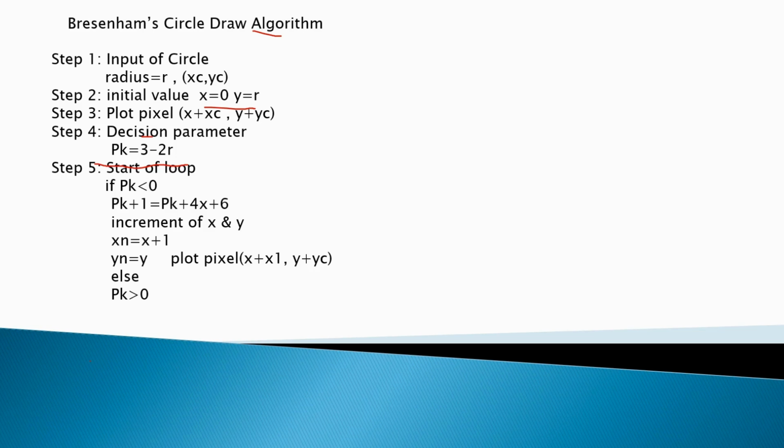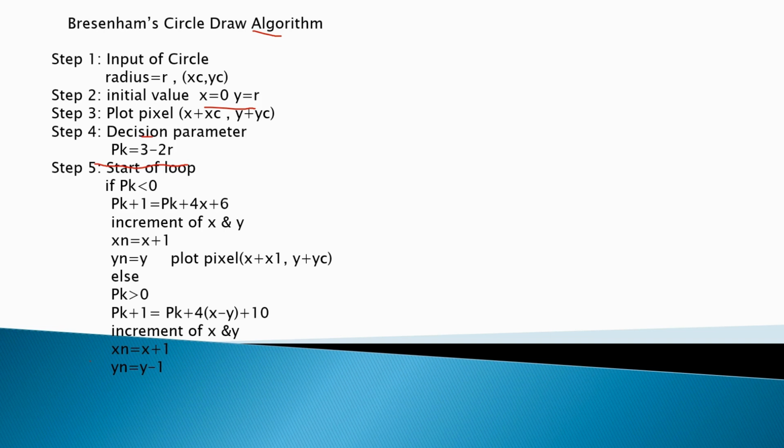Else, if pk is greater than 0, how do we calculate the next pk value? That is pk plus 1 equals pk plus 4 into x minus y plus 10. This is when pk is positive. So we increment x and y: x is incremented by 1 and y is decremented by 1, meaning xn equals x plus 1 and yn equals y minus 1.